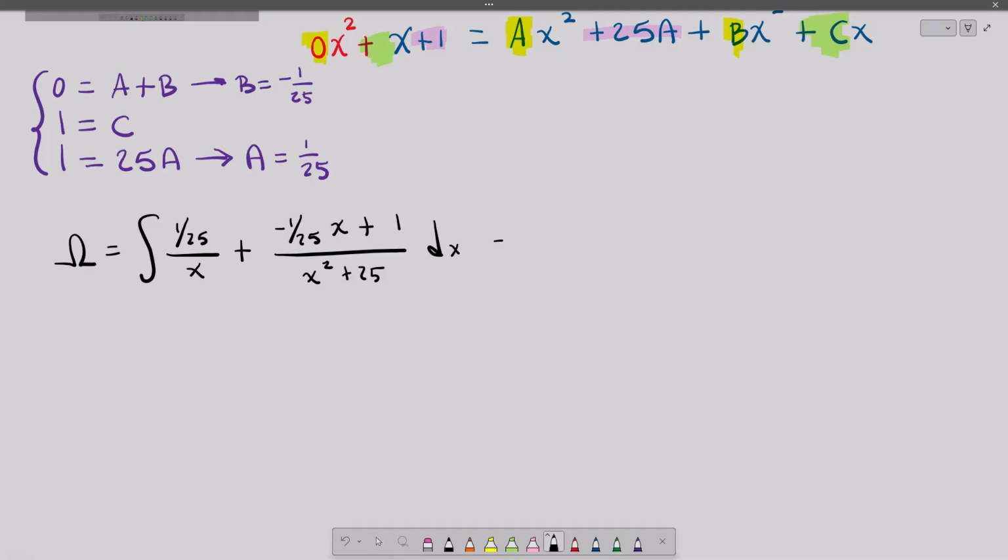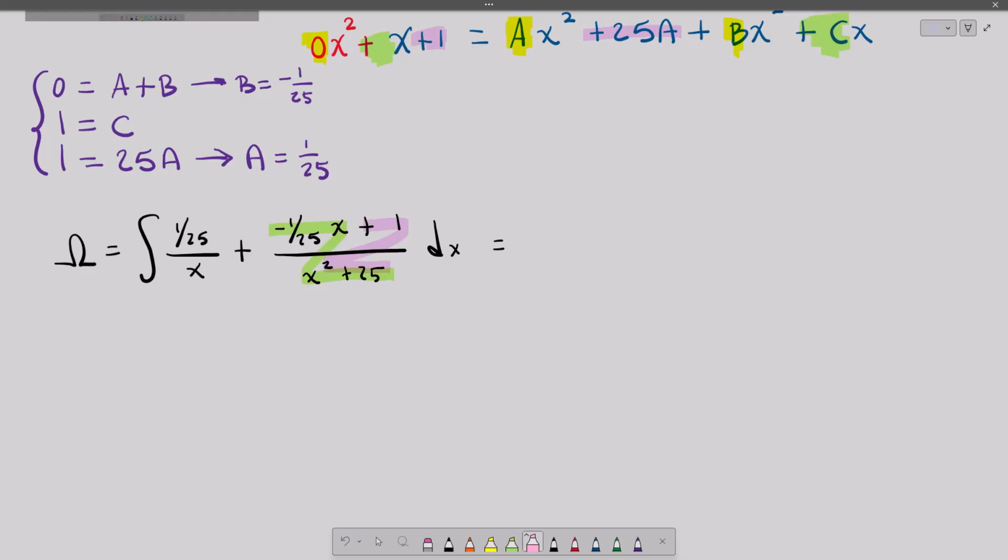We're going to split some fractions. So here, I'm going to split this like that. So I'm going to take the x squared plus 25 and divide it into the x, and then split it the other way also. So go that way also. So the x squared plus 25 is going to go into both terms in the numerator.